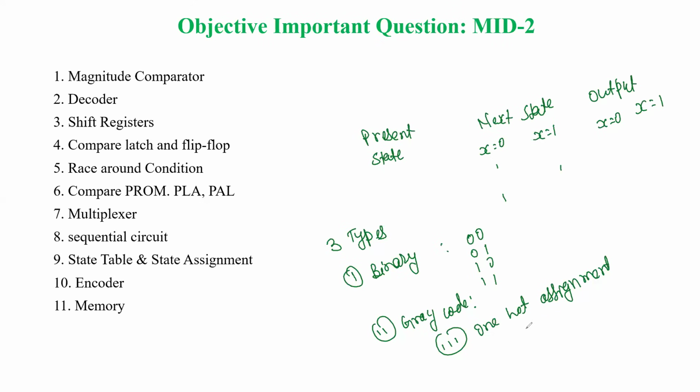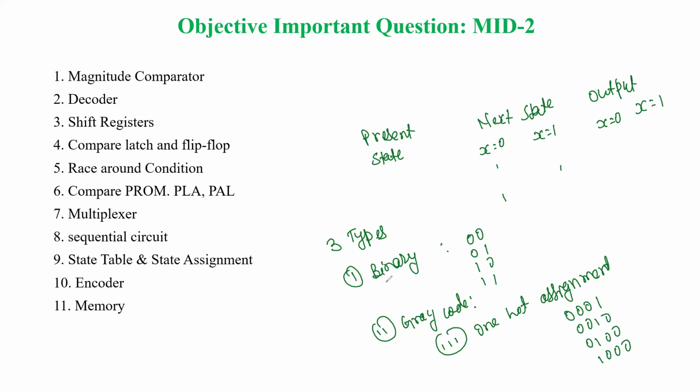Suppose we have four states, then we have to use 4 bits. Like we'll write 0001, next 0010, next 0100, next 1000. So at a time only one bit will be high. That is called one hot assignment.